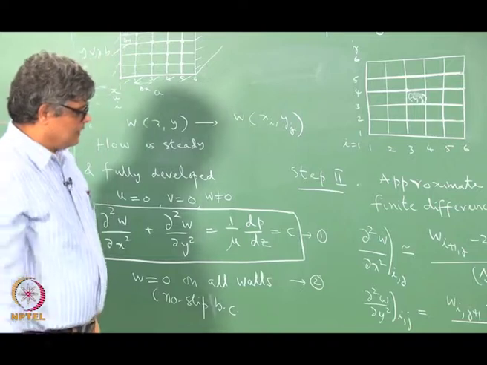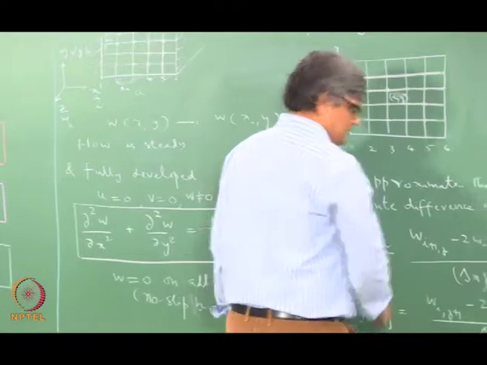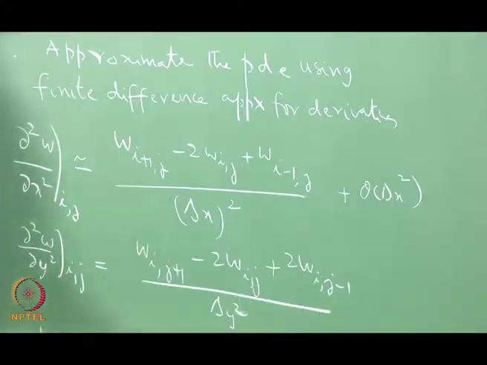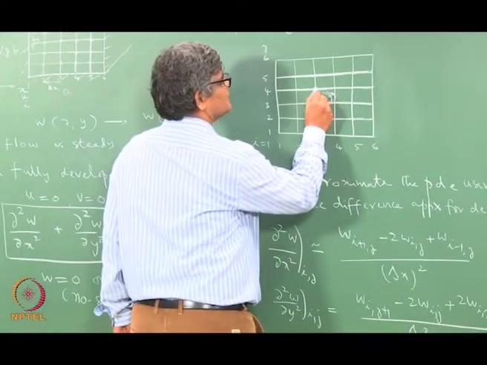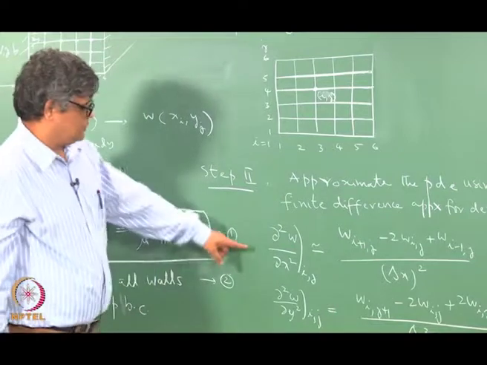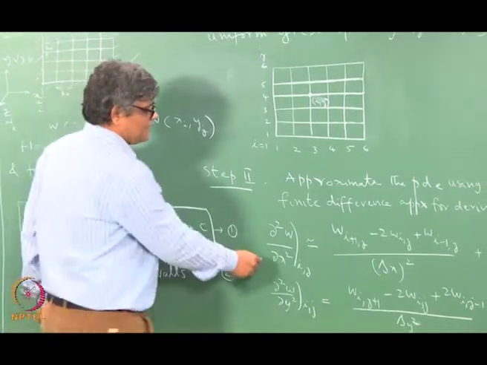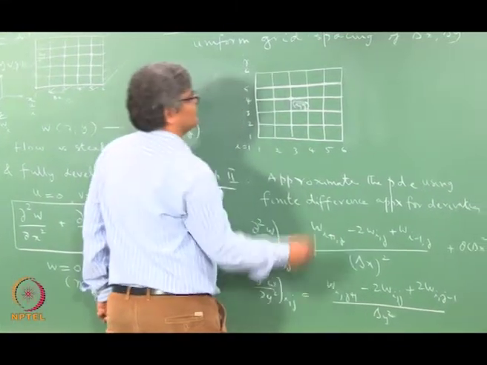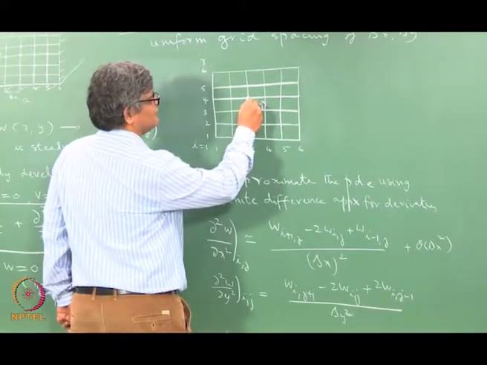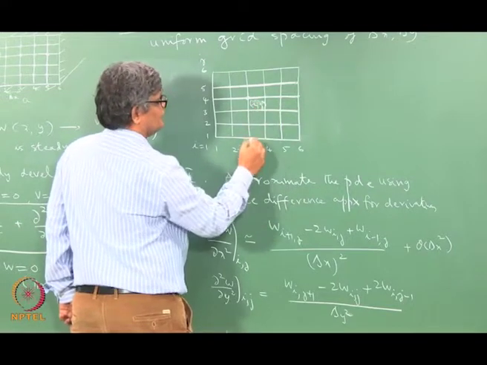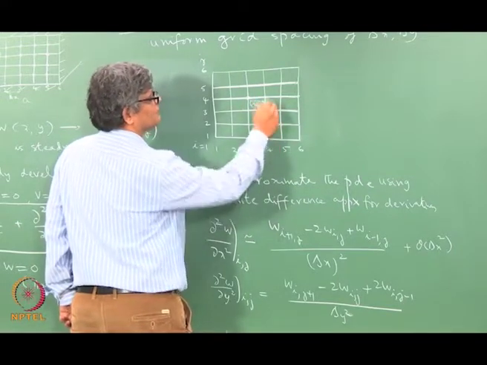If we come to the first approximation, del square W by del x square at i comma j, we are representing the second derivative in the x direction at this point. This is written as W(i+1,j). So, i plus 1 will be here, because if i is equal to 3, then i plus 1 is 4.